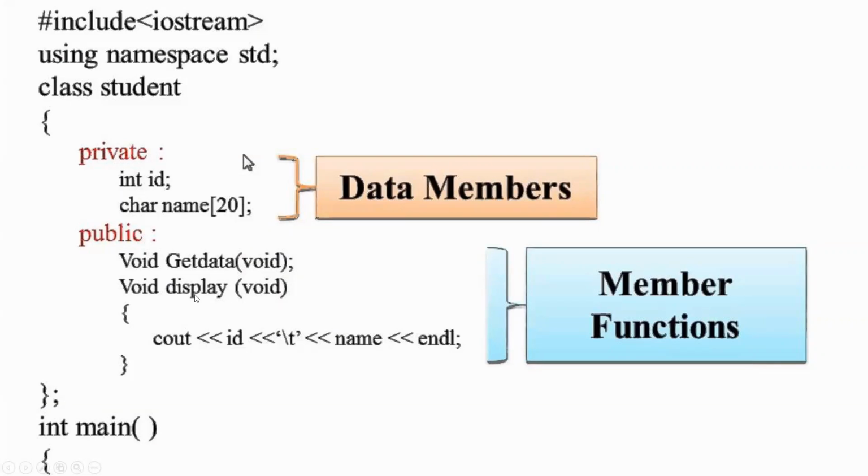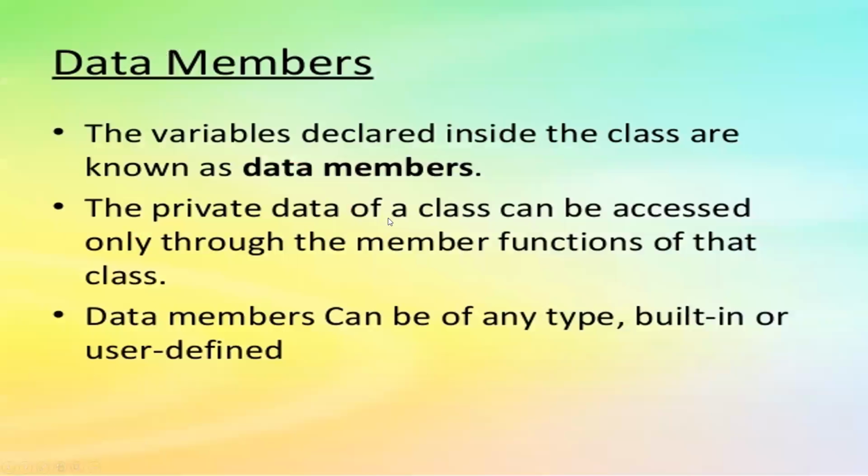Because display is a member function of the same class where I have declared the data members. तो ये ID और name किसको access है? सिर्फ get data and display. This is what my second line says. The private data, ID or name, can be accessed only through the member functions of that class.